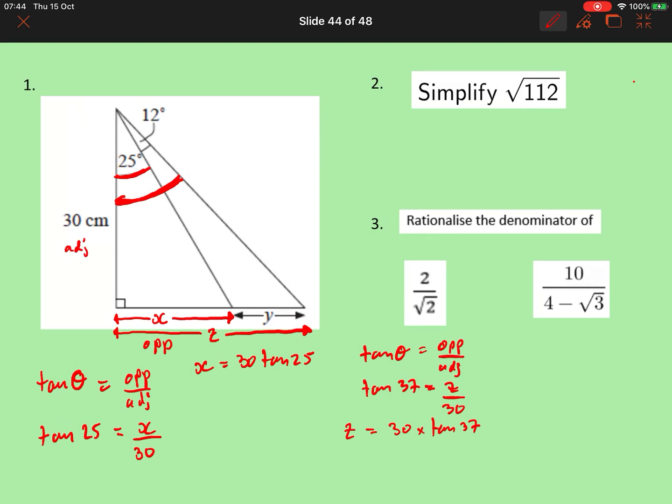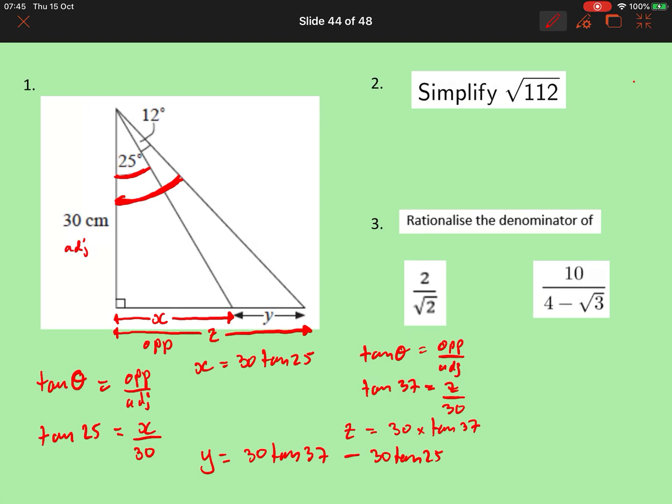37, okay? Now, you can easily see that y is just z minus x, so y is equal to z, which is 30 tan 37, minus x, which is 30 tan 25, and just use a calculator, making sure that your calculator is in the right degree setting.